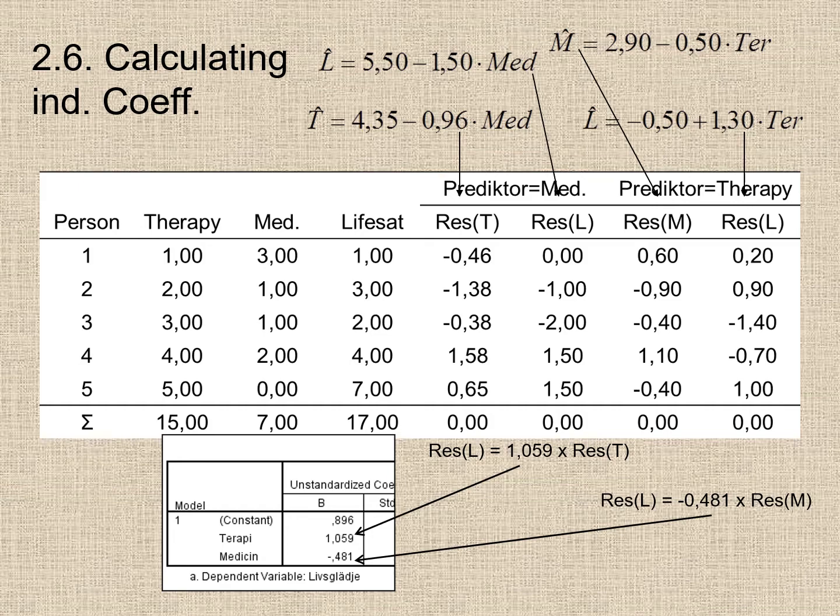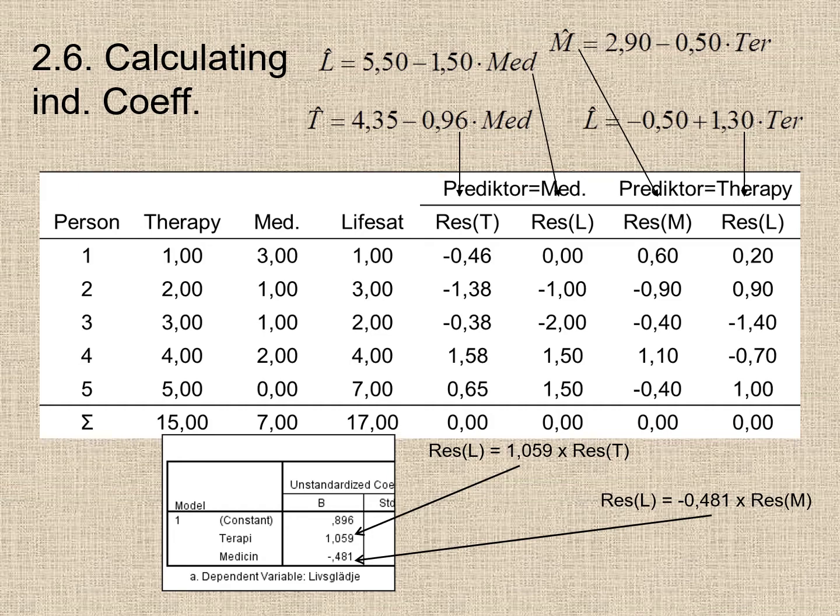Then we do the same for life satisfaction here. We predict life satisfaction from amount of medicine. We get that predicted life satisfaction is 5.5 minus 1.5 multiplied by amount of medicine.